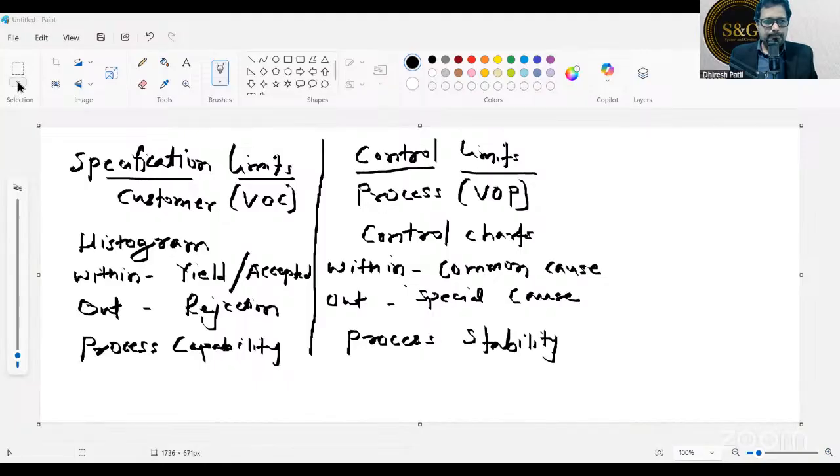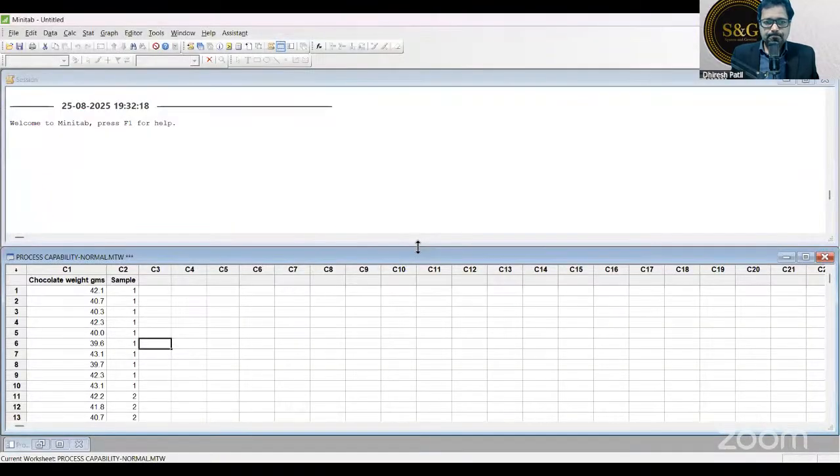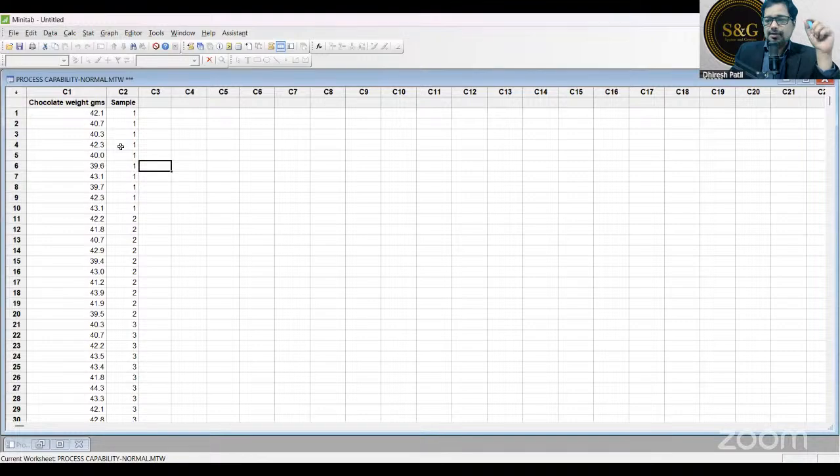All right, so first let's open this file. Let me also open this. All right, so this is the chocolate weight data, our favorite chocolate example.